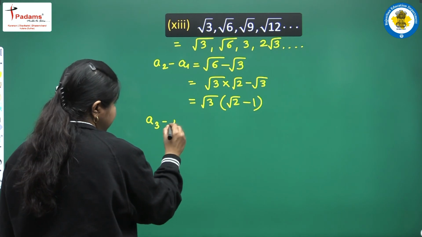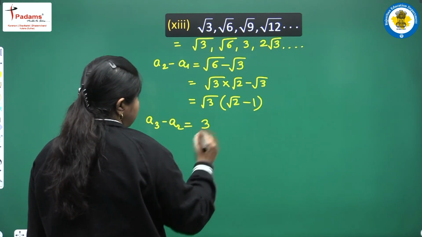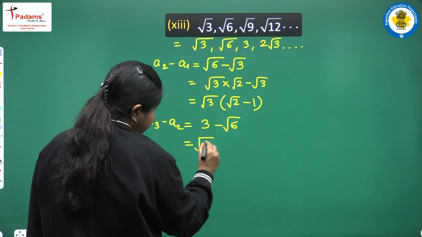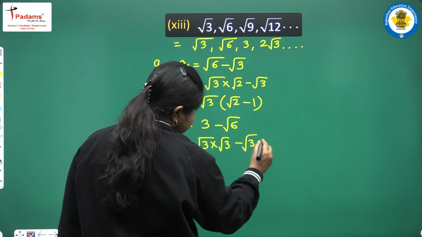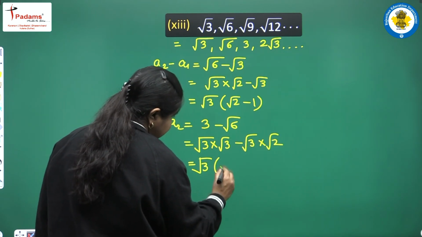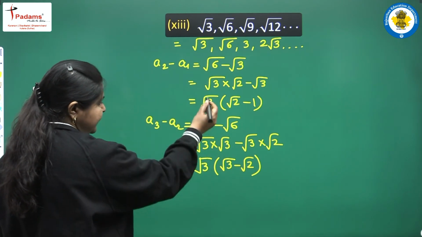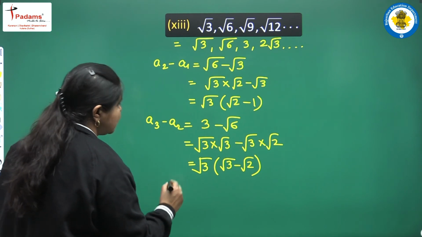फिर हम निकालते हैं A3 minus A2. थर्ड टर्म इज 3 एंड माइनस रूट 6. इसको हम लिख सकते हैं रूट 3 इंटू रूट 3 और रूट 6 को हम लिख सकते हैं रूट 3 इंटू रूट 2. रूट 3 को अगर हम कॉमन लें तो क्या मिल रहा है हमें, रूट 3 माइनस रूट 2. और क्या ये दोनों डिफरेंस सेम है? Obviously not. So this list of numbers does not form an AP.